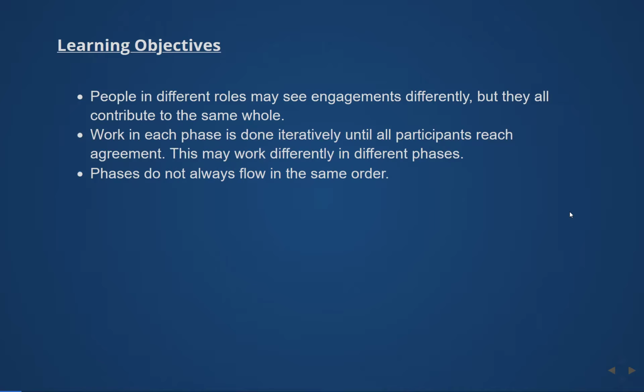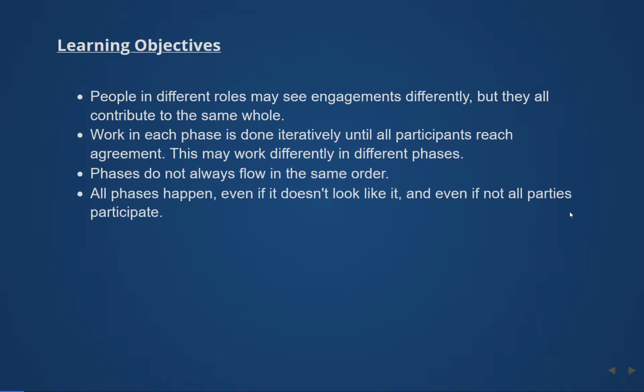That said, there are a lot of standard steps. They do happen roughly in the same order, but you can iterate within phases, and you can also iterate back and forth between phases.